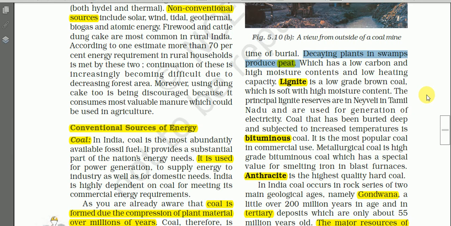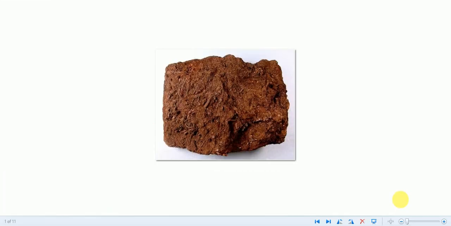Here I will show you this photograph of peat. So this is peat coal, and here the carbon content is less than 40%, and so it contains a lot of moisture, and when it is burned it gives lots of smoke, and it also produces a yellow flame.